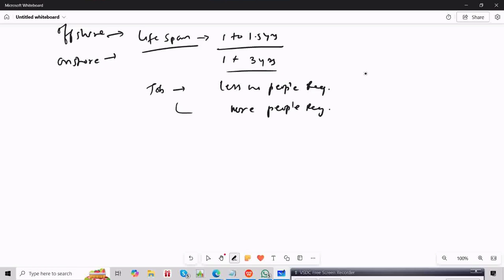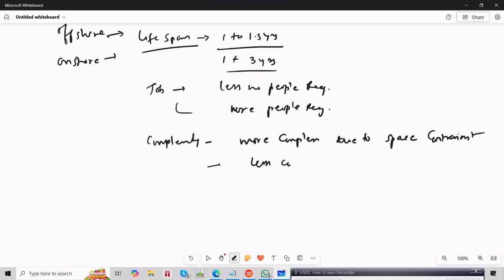Understood? Regarding the complexity, offshore is more complex due to space constraints. In terms of onshore, it is less complex because you have a lot of space to play.